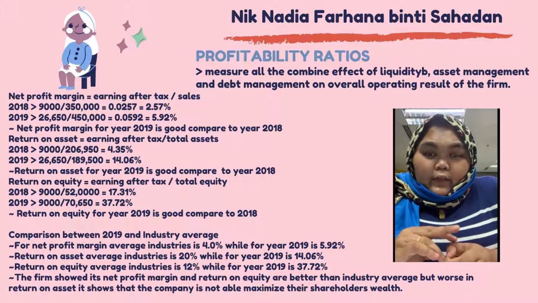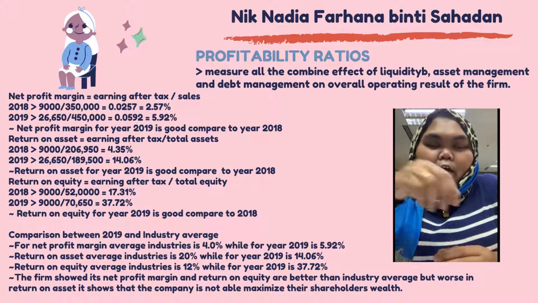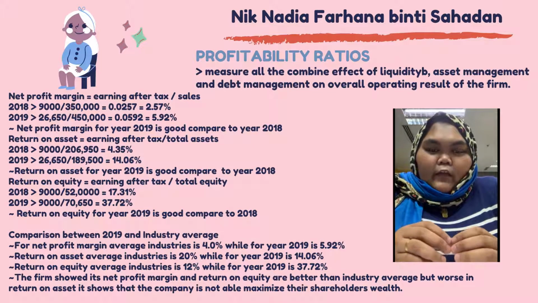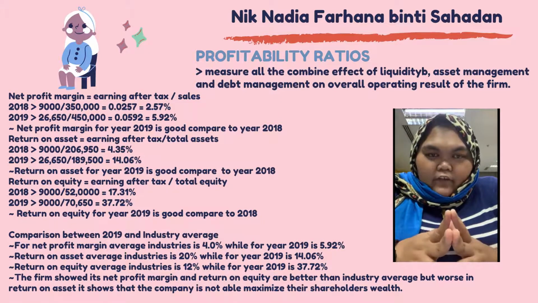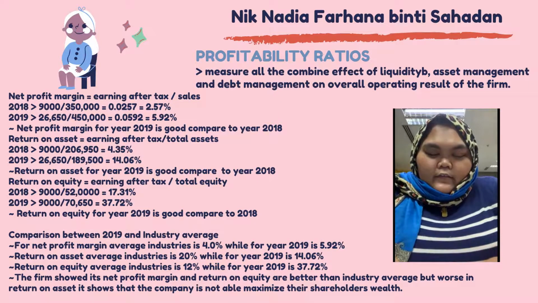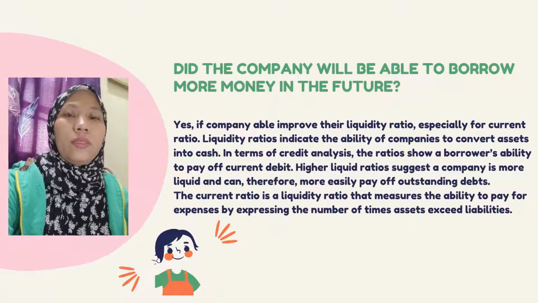Return on equity, average industry is 12%, while for year 2019 is 37.72%. The firm shows net profit margin and return on equity are better than average industry, but return on asset is worse. It shows the company is not able to maximize the shareholder wealth.